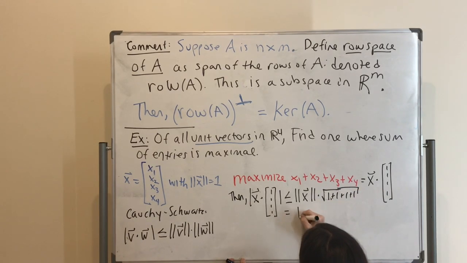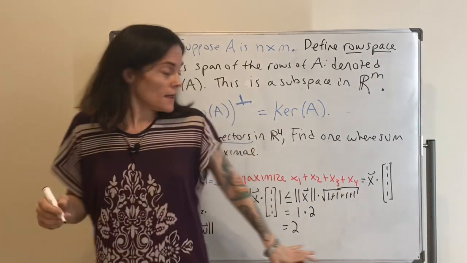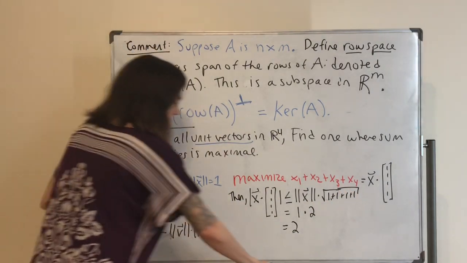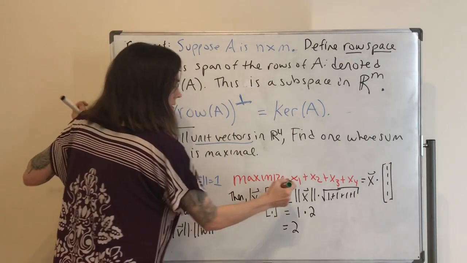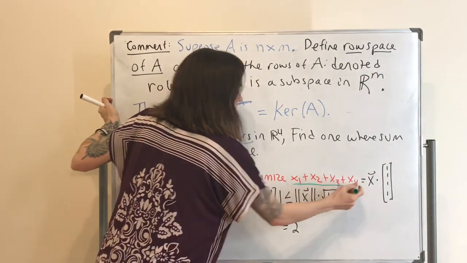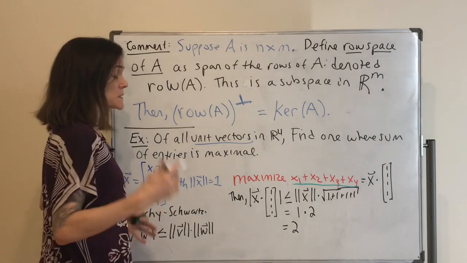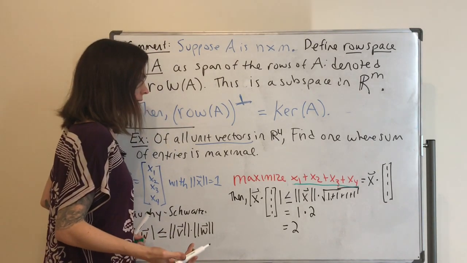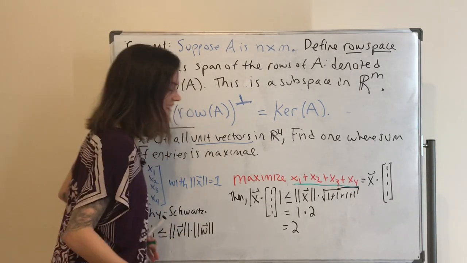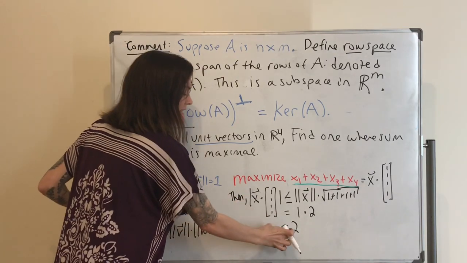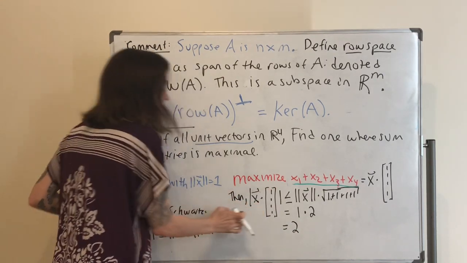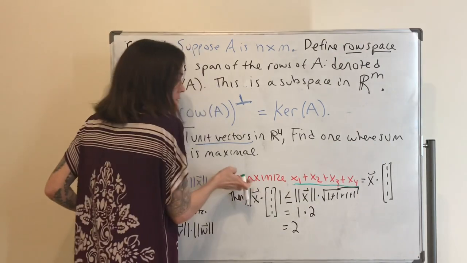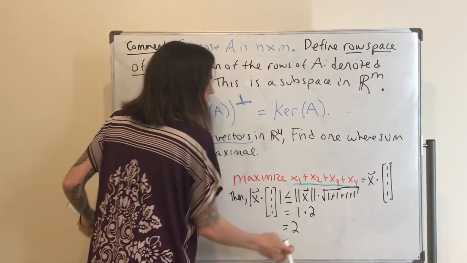The length of x is 1, and this is 2. So the biggest this can be in absolute value is 2, and the smallest it can be is minus 2, because if the absolute value of a number is at most 2, it sits between minus 2 and 2. So the biggest this sum can be is 2.